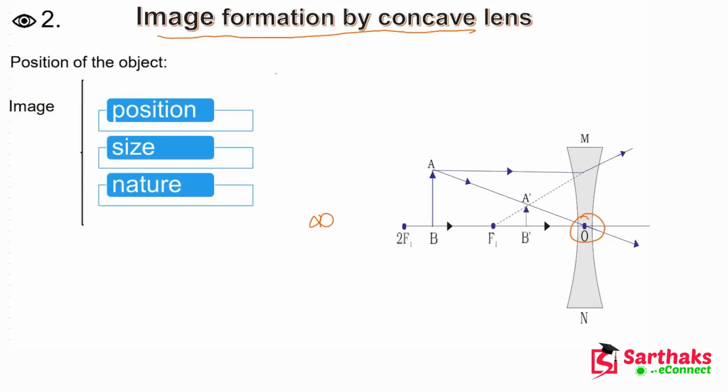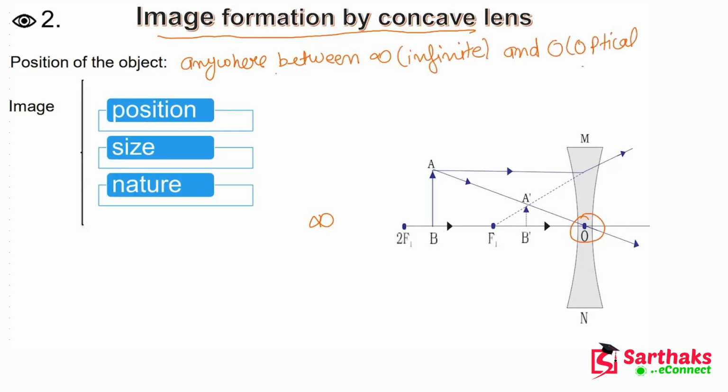Okay. So let's talk about the position of the object: anywhere between infinity and O, which is the optical center. Now let's talk about the position of the image.